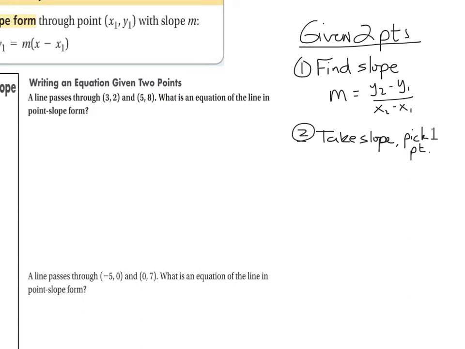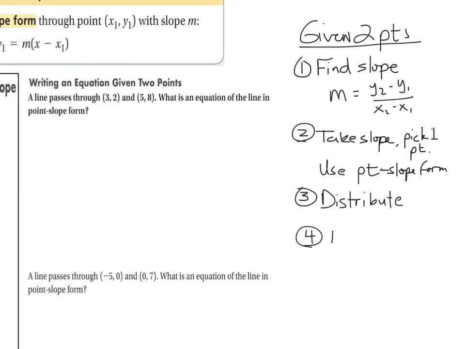And you're going to use point slope form. Once you plug it in, you're going to distribute just like before. And then finally, the fourth part is you're either going to add or subtract. Depending on whether it's addition or subtraction on the other side, get y by itself.